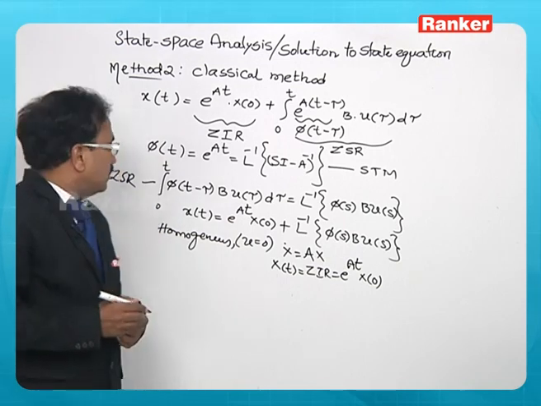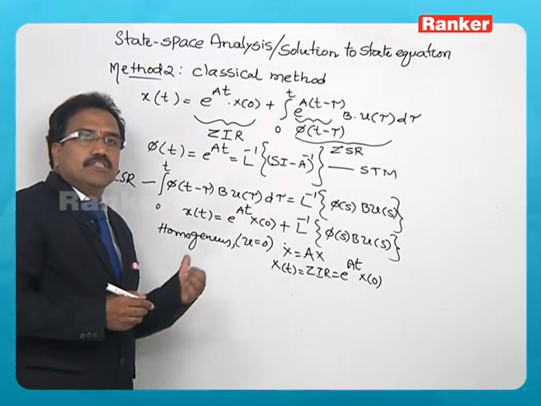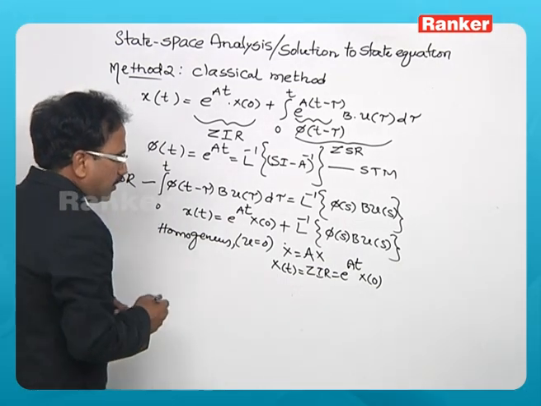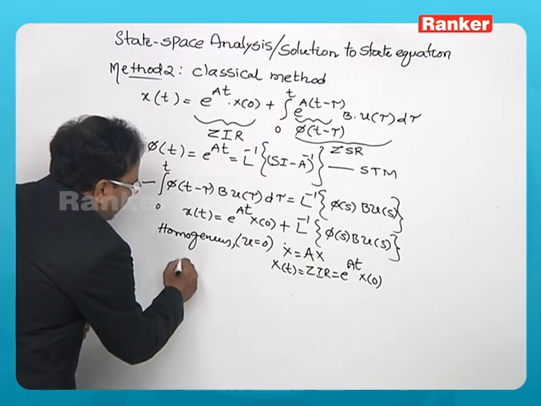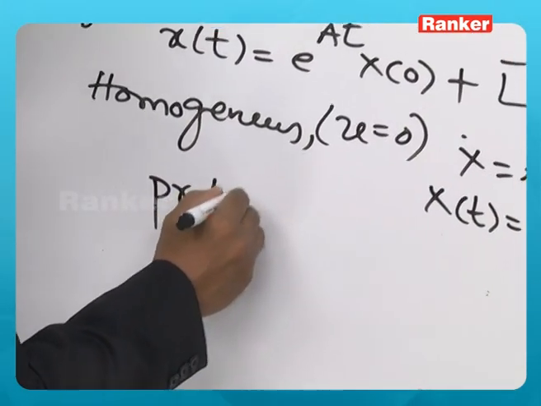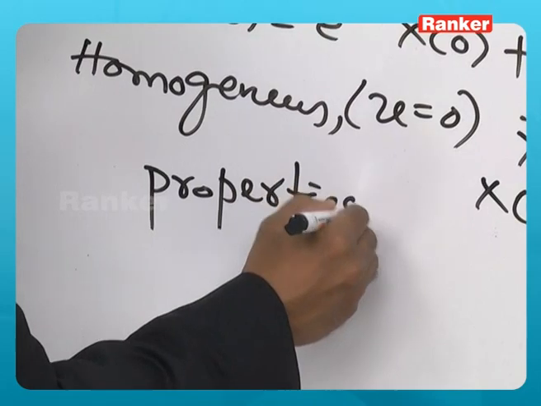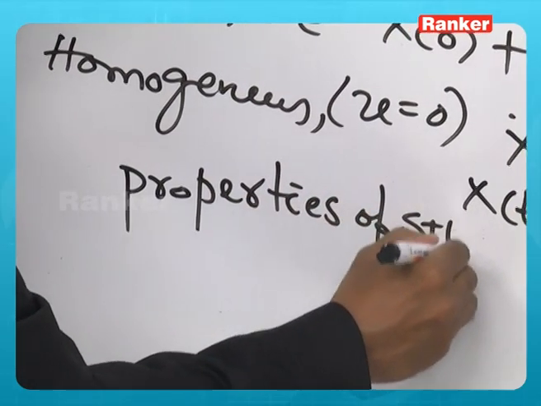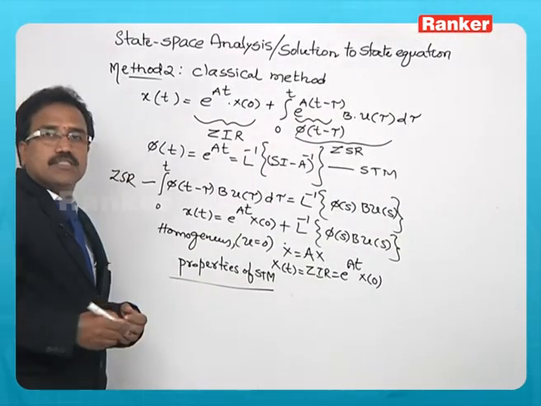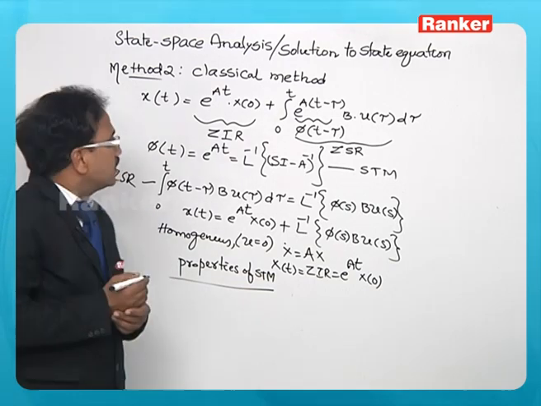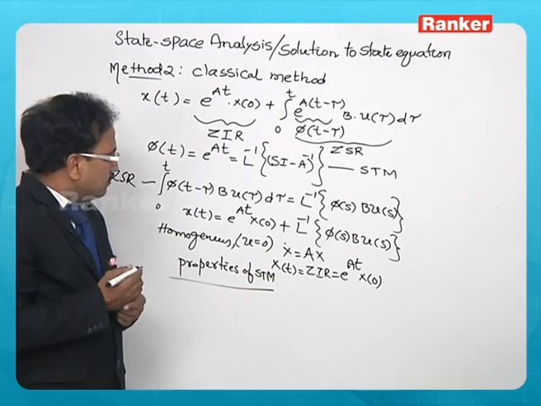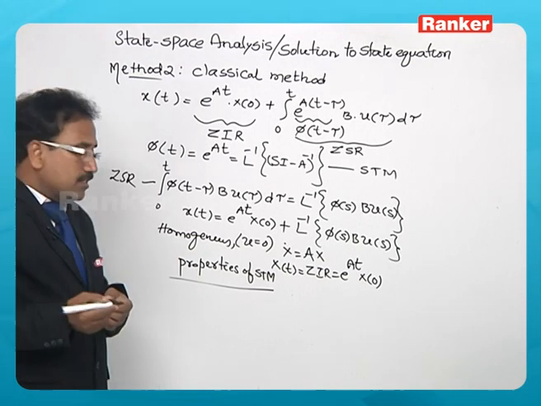This is the case when the given equation is homogeneous. Now, the properties of the state transition matrix, because this is the matrix which transfers the state from x of 0 to x of t. It is also treated as phi of t.